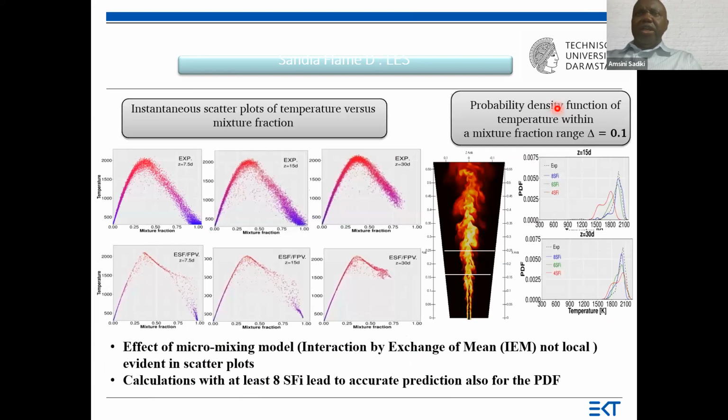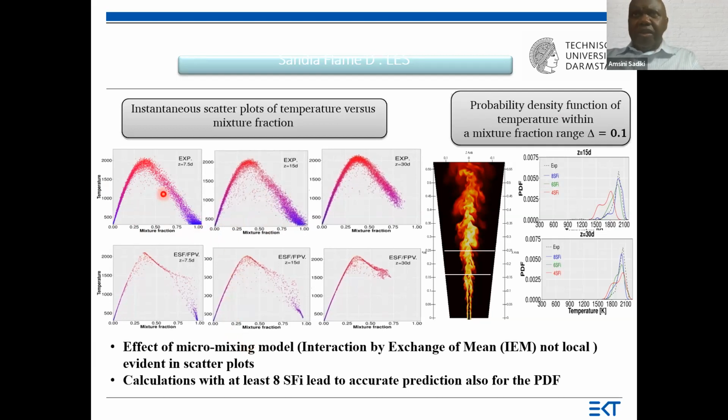And by using LES, it is also possible to get the scatter plots in which we plot the temperature as a function of the mixture fraction in order to see if we have some extinctions or not. And this is the case where we got the correct behavior.